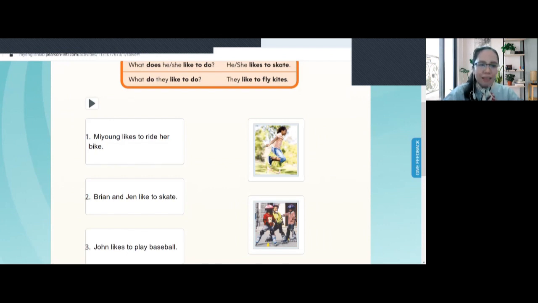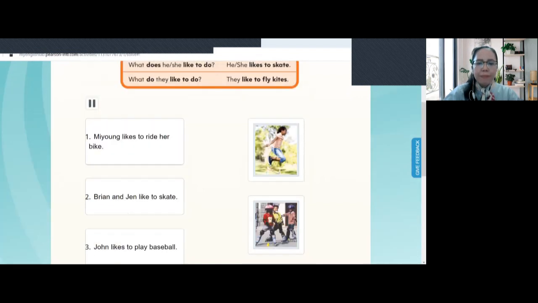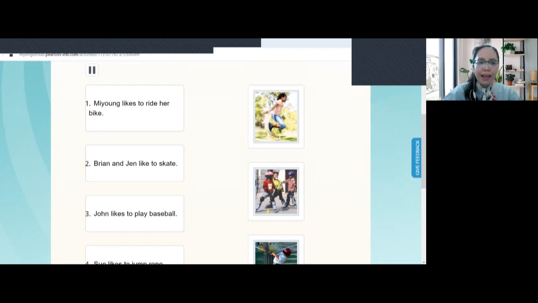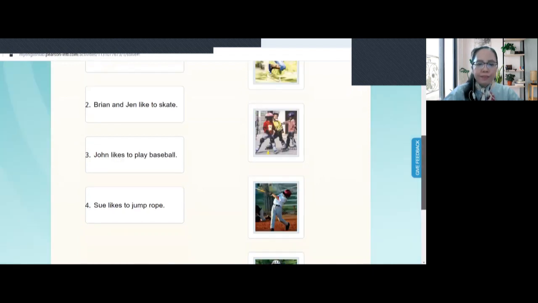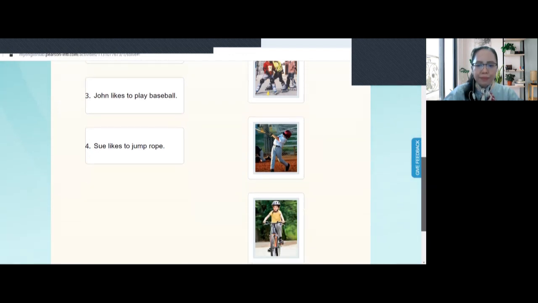Okay, let's listen first. 1, Mi Young likes to ride her bike. Okay, yeah. Mi Young likes to ride her bike. That's only an example, ya, actually. Hanya sebagai contoh. 2, Brian and Jen like to skate. 3, John likes to play baseball. 4, Sue likes to jump rope.